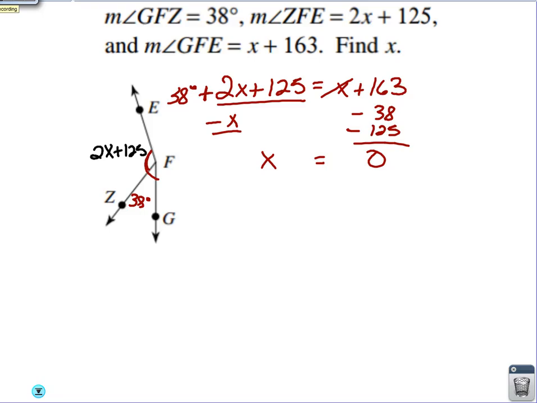And here's the thing, guys. On all these problems, even if they don't ask you, plug that back in, because you'll never miss a problem if you take that and check it. So if x is 0, that's going to be pretty easy to plug in.